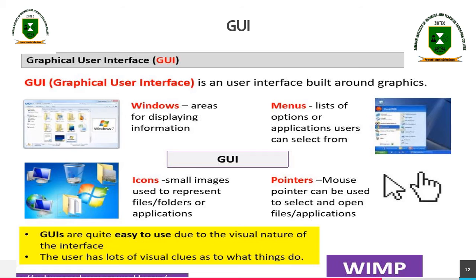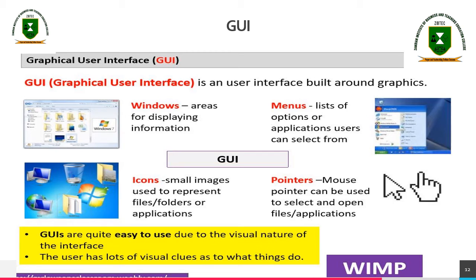So the GUI. What is the GUI? I first gave you examples in form of pictures so that you know where we are going. If possible, I'm sure you are even able to come up with the definition of the graphical user interface. So now in this slide, we're going to define what a graphical user interface is.